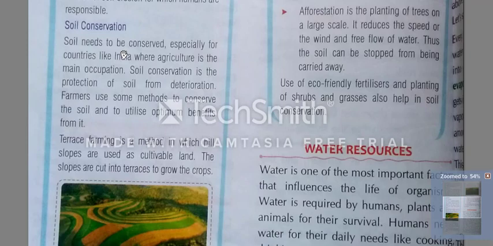Soil conservation is the protection of soil from deterioration. Deterioration means खराब होना, decay, wastage.